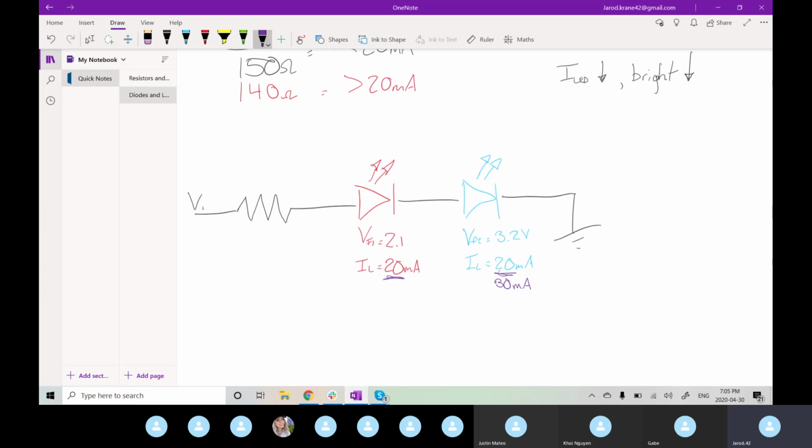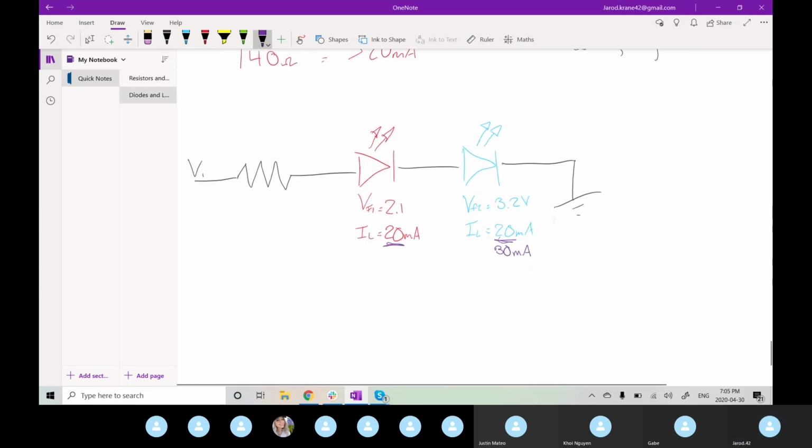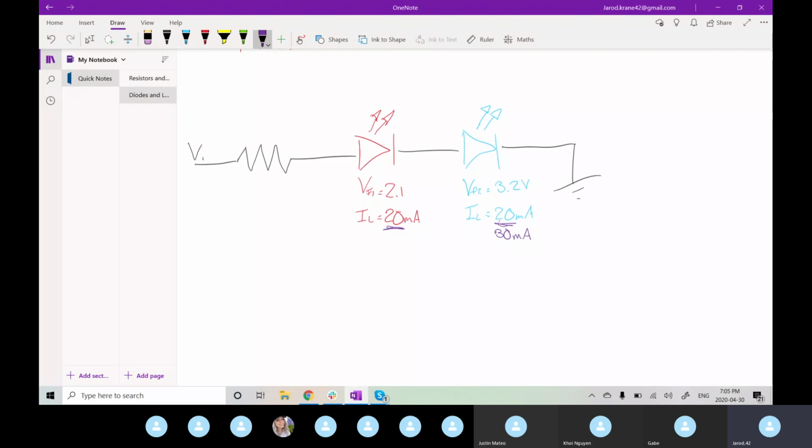If you design it for 30 milliamps, you'll instantly blow up the red one, and then the blue one would be able to operate, but obviously you've destroyed your design at that point.